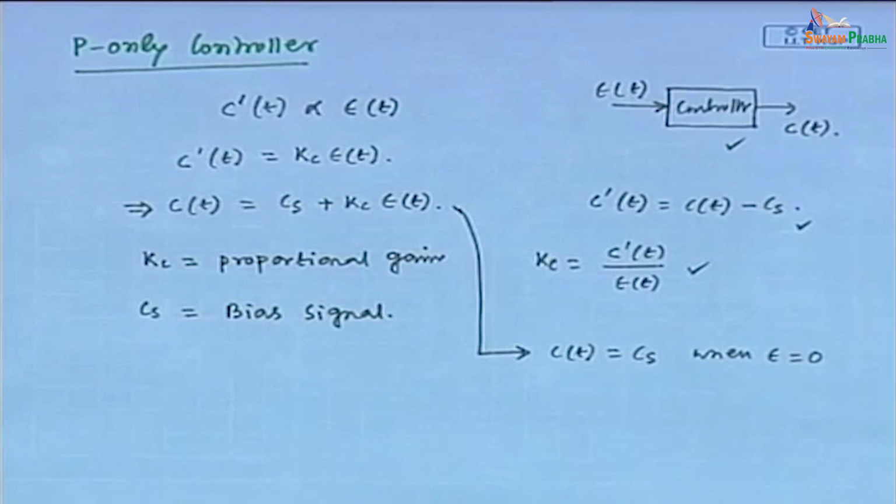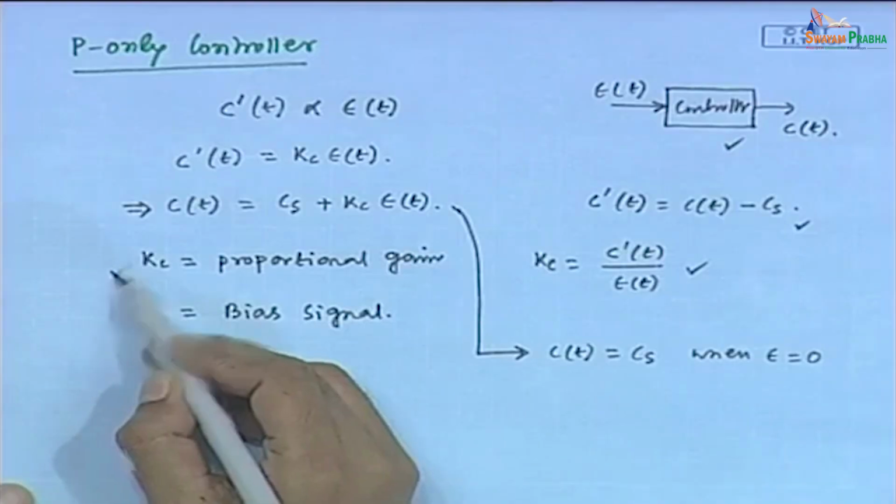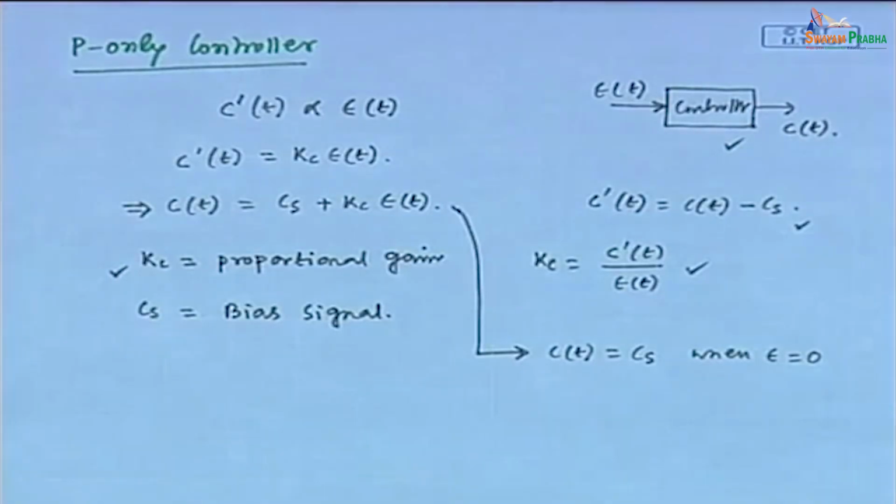So, bias signal is the controller output when error equals 0. Fine. This Kc is one tuning parameter, controller tuning parameter. The value of that parameter we need to determine.